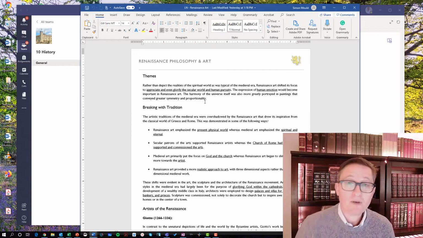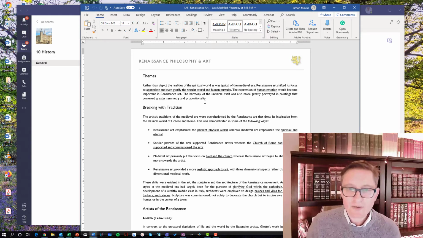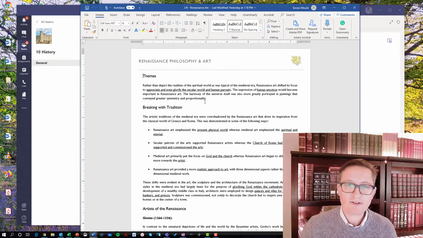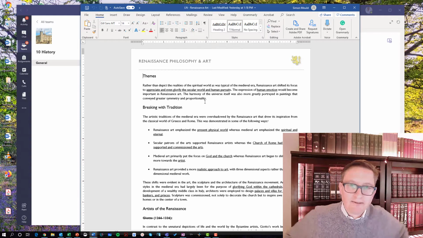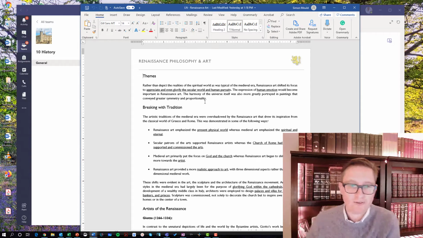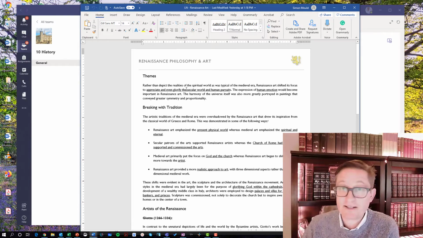When you go on Grand Tour, you're going to see an enormous amount of paintings of Mary in the early medieval and early Renaissance period. As we get into the later Renaissance period, that shifts away from just Mary to include a lot of different things, particularly the secular world.